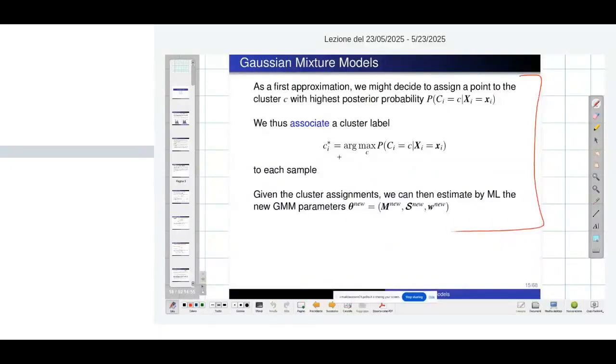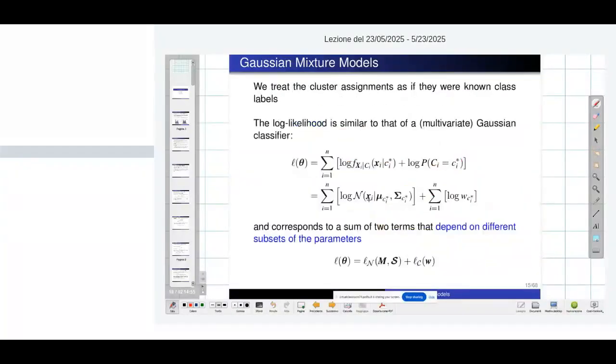When we have a given set of parameters, the step is we compute cluster labels for all the samples. And then from these cluster labels, we compute a new set of parameters. How? Well, computing the new set of parameters, we said it's similar to what we do for the multivariate Gaussian classifier. Let's see also mathematically that this is true.